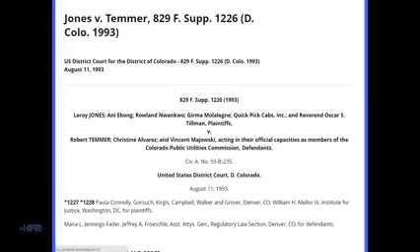Okay, and I wanted to pause right here and bring your attention to a case, Jones versus Timmer. I actually had a listener who made this available to me, which is a very good case. And it helps you understand that there is a distinction with this federal citizenship. This is what we're talking about within this jurisdiction.